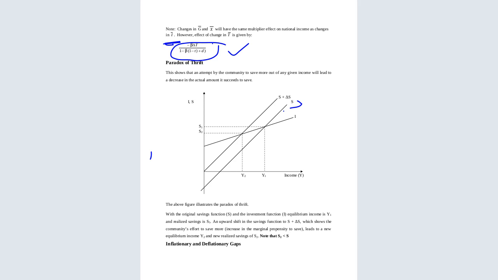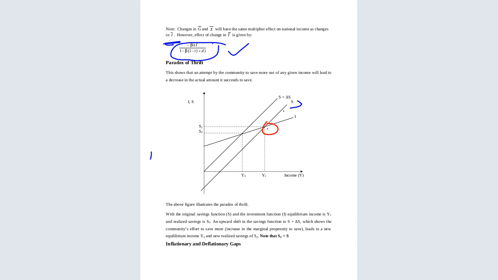At Y1, we have our realized savings. Remember, our equilibrium income is realized at the point where savings equals investment. Where the savings function cuts the investment function is this point here. I hope you can see it.